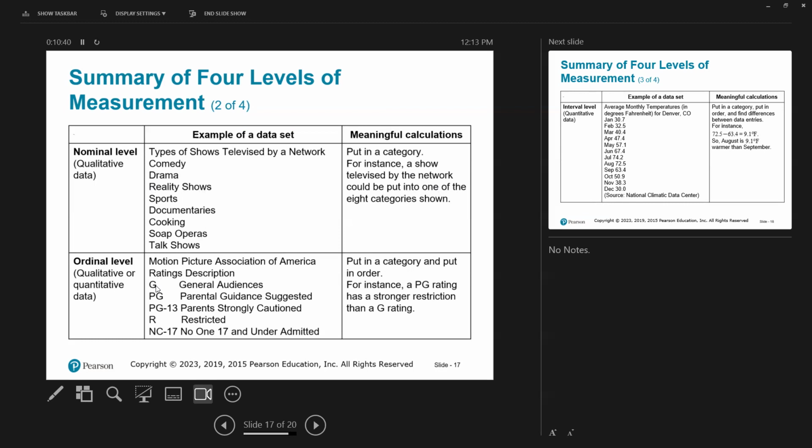The ratings like G, PG, PG-13, R, NC-17 represent the ordinal level because you can put them in categories and you can put them in order. PG has a stronger restriction than a G rating.